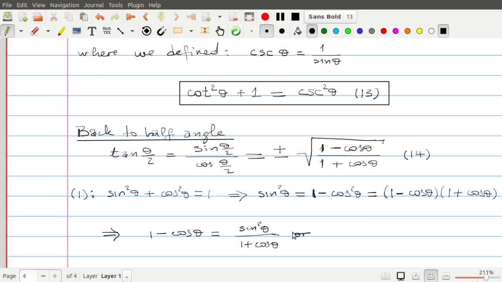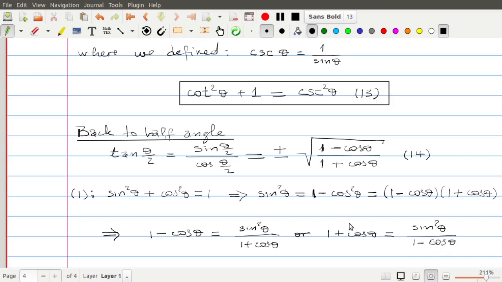Or we can do the same thing. Instead of expressing 1 minus cosine theta, we can write 1 plus cosine theta, and this will still be in the numerator, sine square theta divided by 1 minus cosine theta.